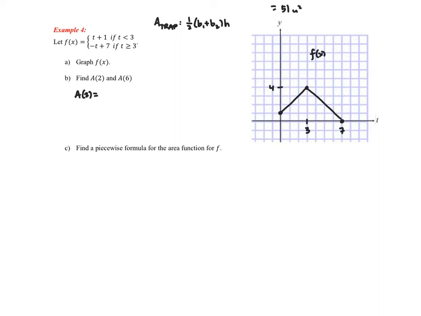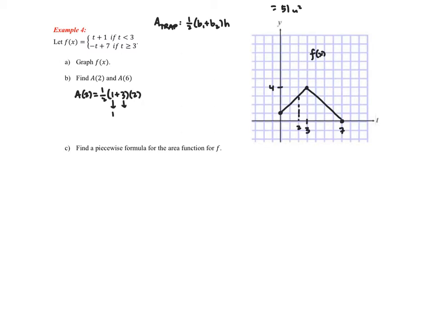Okay, so let's look at A of 2. A of 2, let's put a 2 here. Looks like I've got a trapezoid, and its two bases are 1 and 3. And its height is the distance in between, which will be 2. Let's isolate what this means. The 1 will always be a 1. That's not going to change.